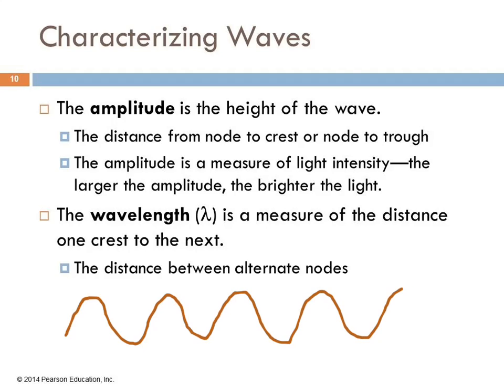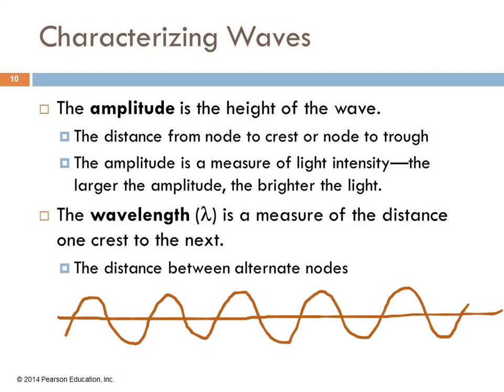So the waves, they're basically sine waves. The amplitude is how tall this is. So you can have a tall wave or you can have a short wave. It's the distance from the node, and the node would be, here's 0, and it's going up and down above 0.